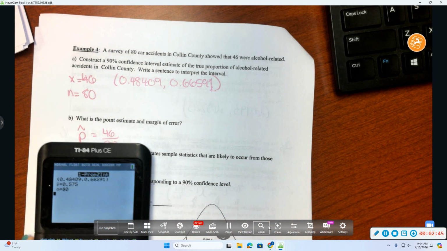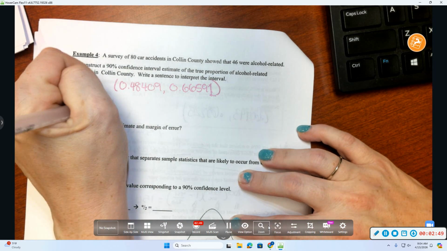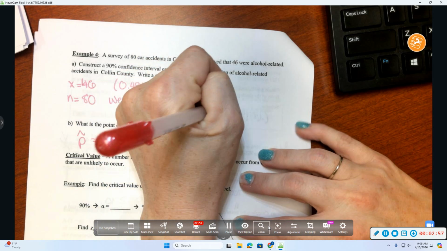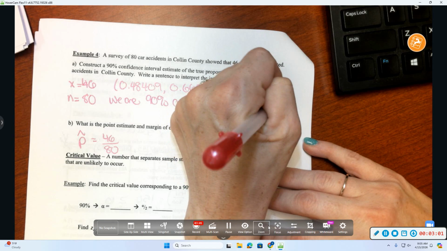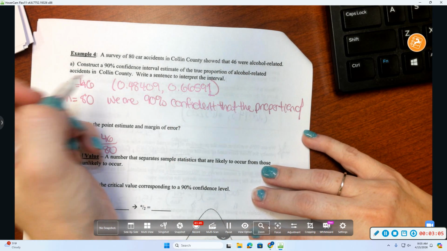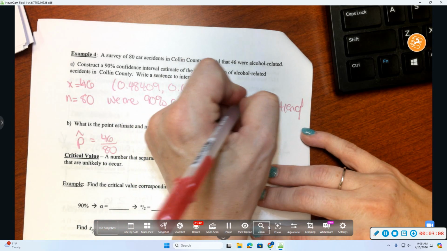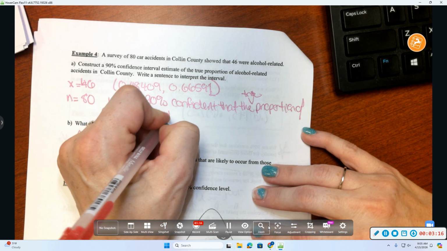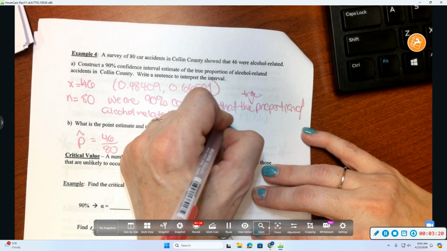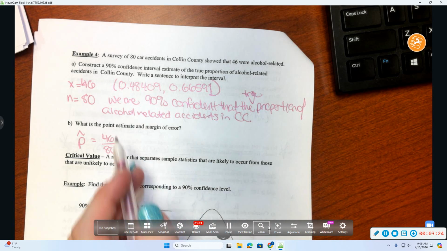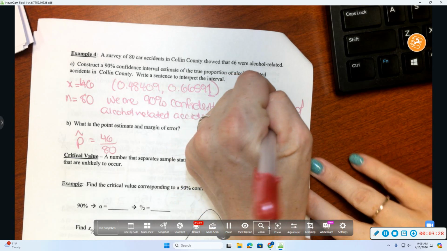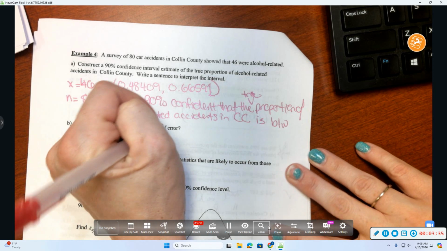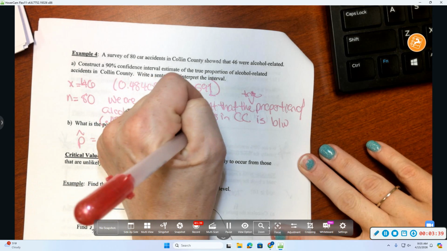So that tells me that we are 90% confident that the true proportion of alcohol-related accidents in Collin County is between 0.48409 and 0.66591.